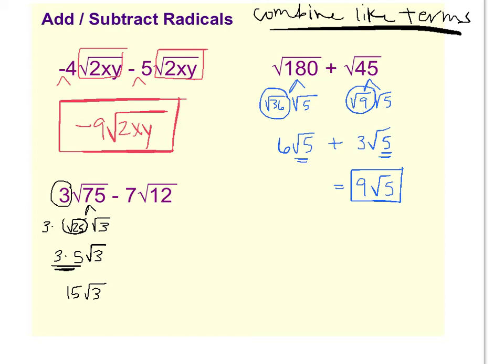Alright, so next term, square root of 12, we can break down what perfect square fits in. 4 fits in 3 times. The square root of 4 is 2. Square root of 3 stays the same. And then we have this 7 that stays out front the whole time. We'll go ahead and multiply. 7 times 2 is 14. The square root of 3 comes down. And don't forget, this is a minus in between. So minus.